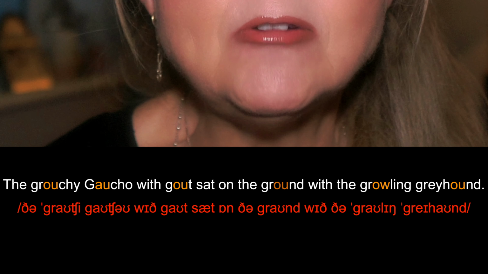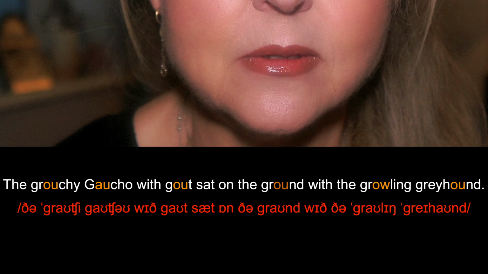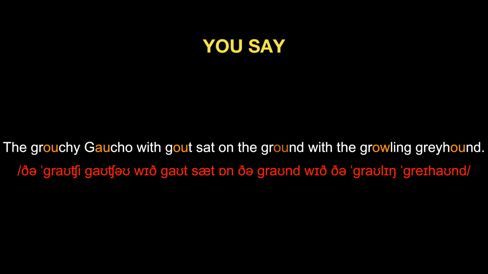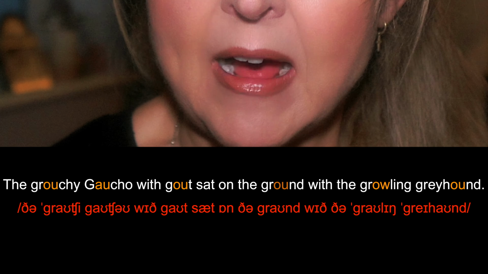Now, let's have a tongue twister with the OW sound. Ready? The grouchy gaucho with gout sat on the ground with the growling greyhound. Again. The grouchy gaucho with gout sat on the ground with the growling greyhound.